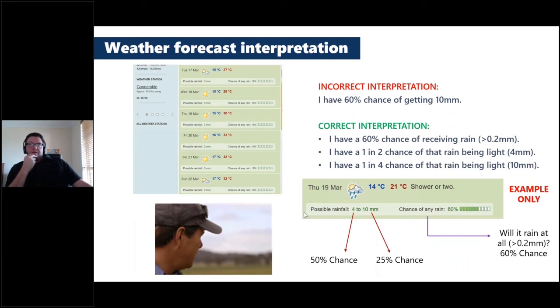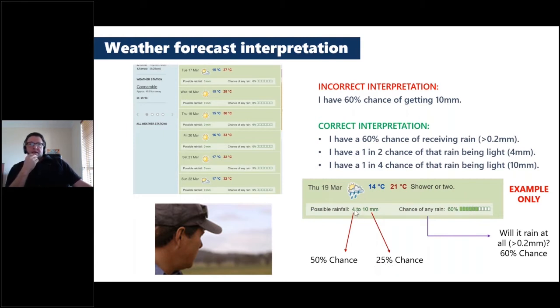So really what these figures tell us, the first figure there, the bottom range, 4 mils, is actually the 50% chance. There's a 50% chance, 1 in 2 chance you're going to get 4 mils. When you get out to that top figure, that 10 mils in this particular forecast, it's a much lower chance, it's 25.